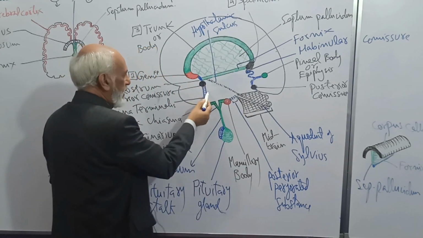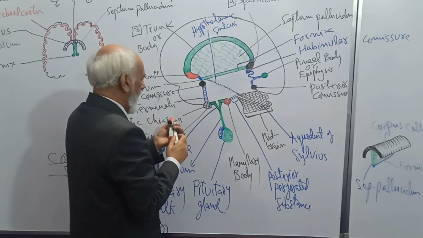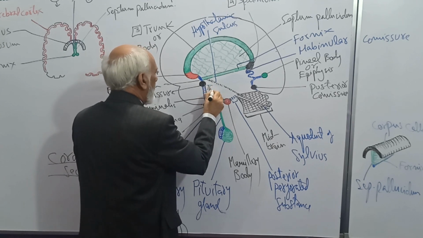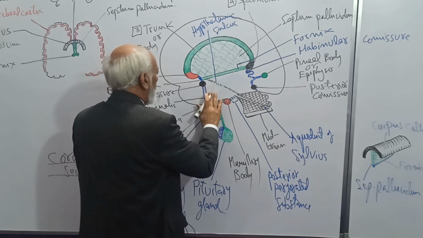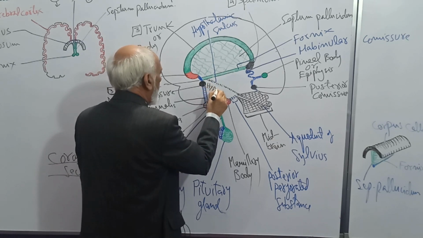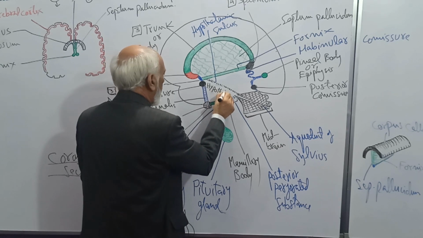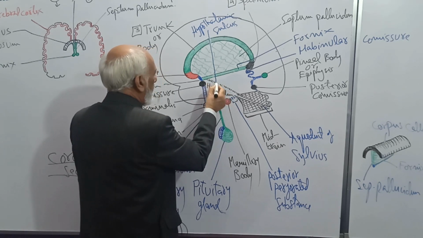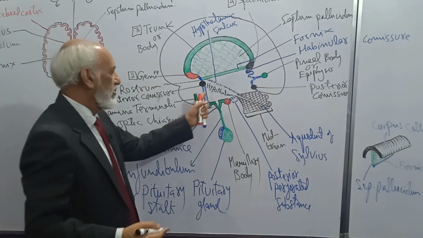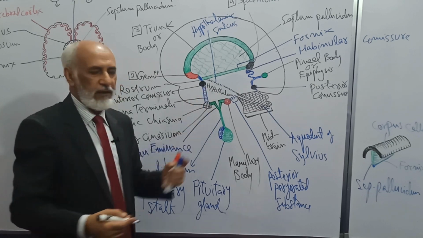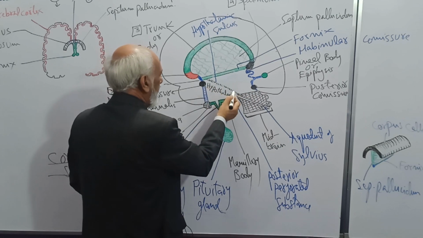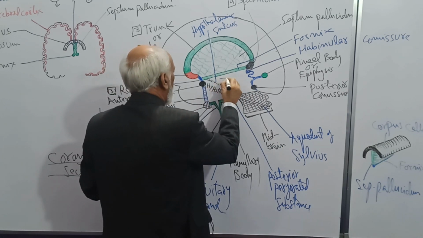Below and in front of the hypothalamic sulcus, this part of the lateral wall of the third ventricle is formed by the hypothalamus. Above and behind this hypothalamic sulcus, this part is the thalamus.